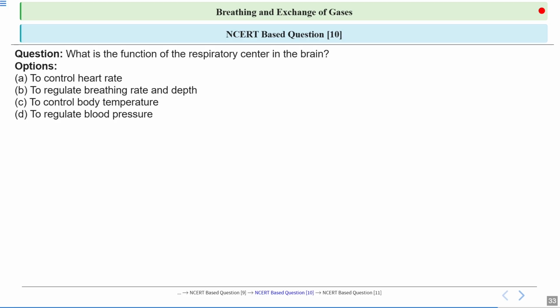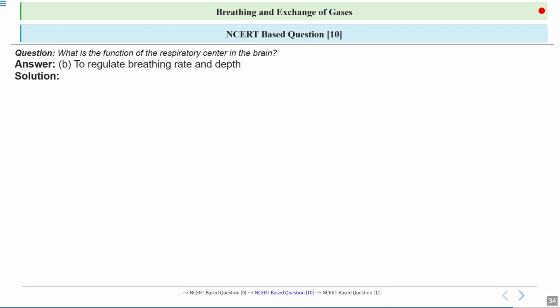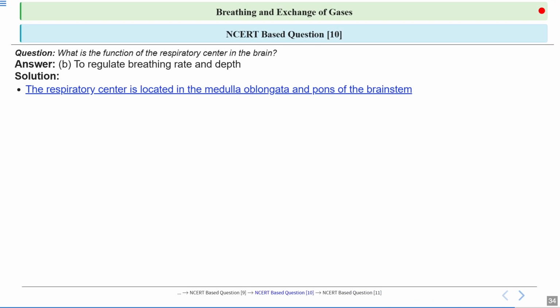Next question. What is the function of the respiratory center in the brain? Options: A, to control heart rate; B, to regulate the breathing rate and depth; C, to control body temperature; D, to regulate blood pressure. Let us see the answer to this question. B is correct, to regulate the breathing rate and depth.